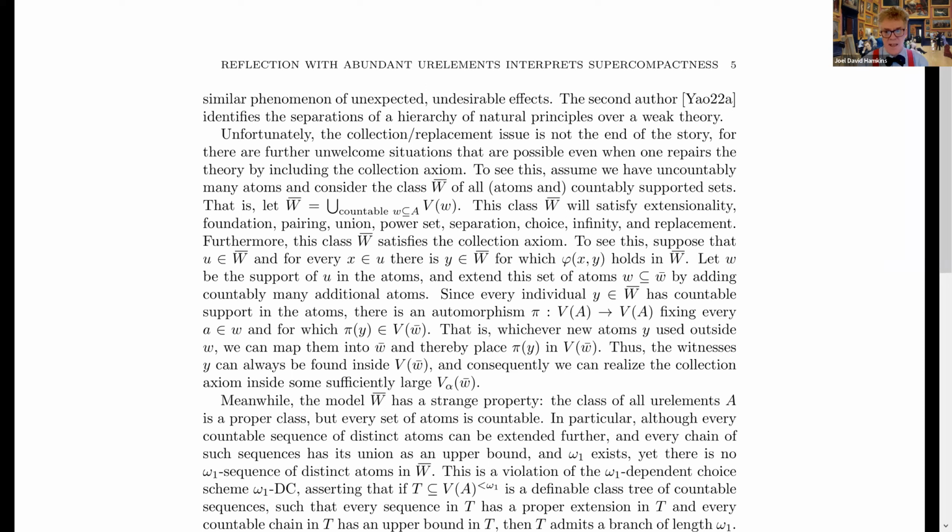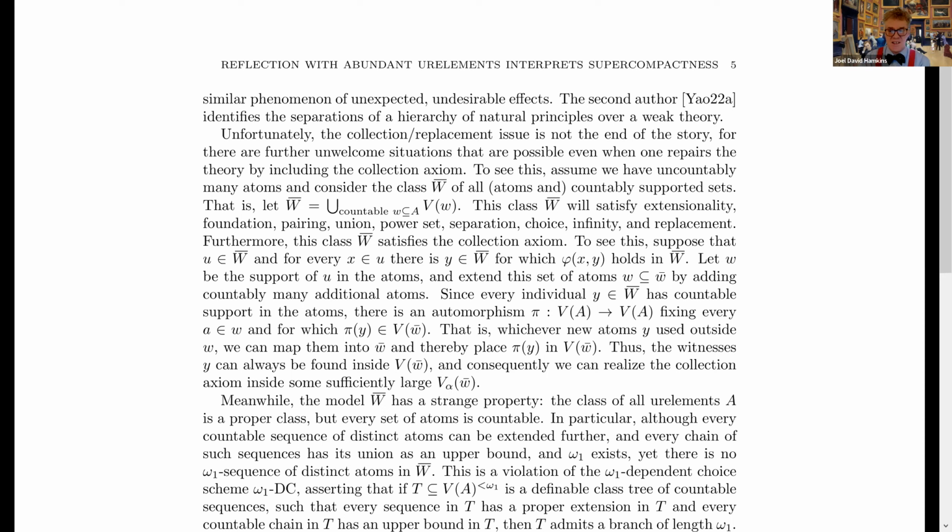So suppose you have uncountably many atoms, and W bar is the class of countably supported sets whose transitive closure has only countably many atoms. Then you can prove collection in that model, because if you have a set with countable support, and everybody in that set has a witness with a certain property, maybe many witnesses, then in fact, you can fix any countably infinitely many more atoms, and you can always find a witness in that new set because they're all automorphic to each other.